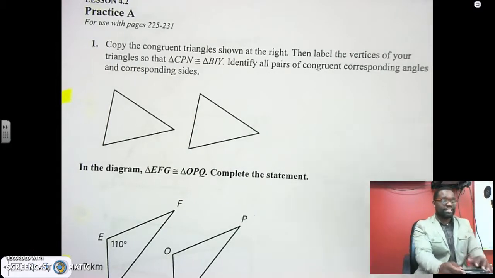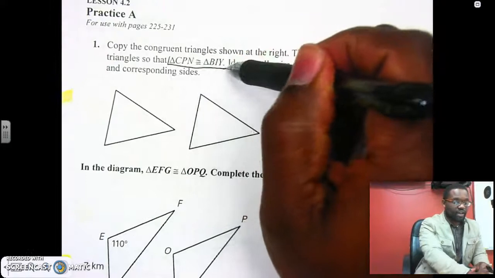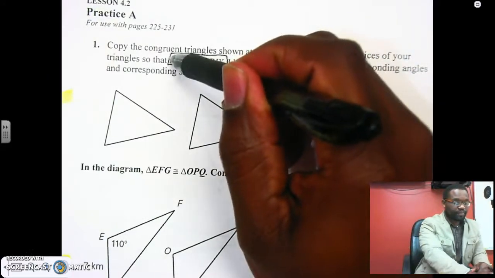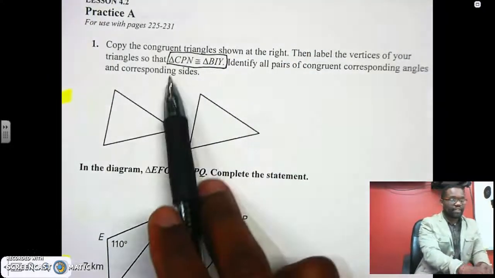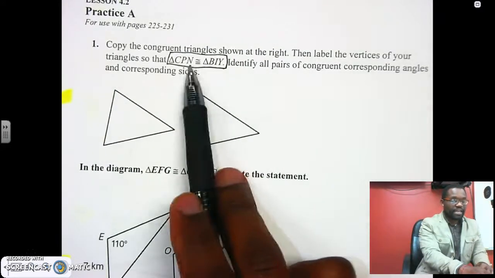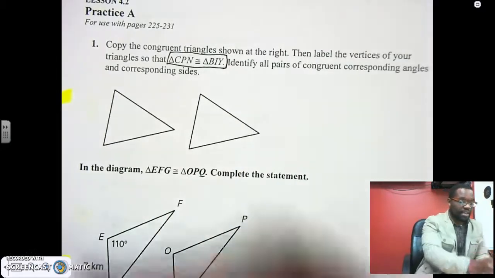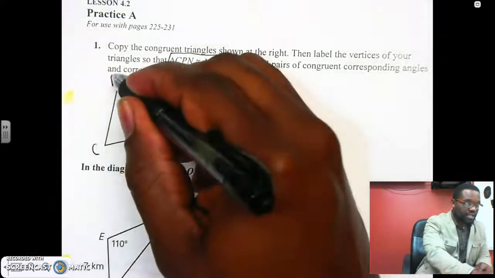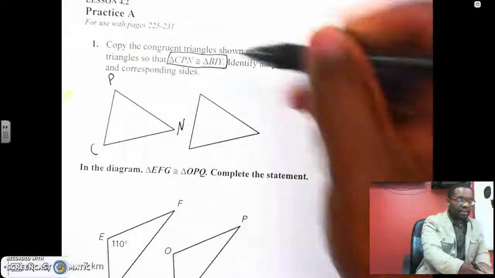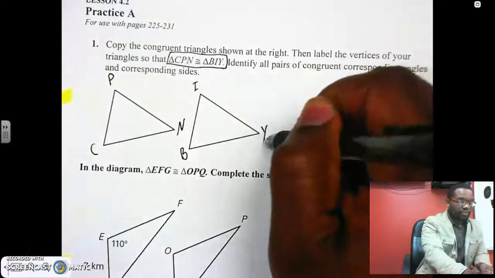Okay, so the idea is whenever you see a statement like this, this is called a congruent statement. And so what this says is that this vertex C corresponds with B, I, and P, and N and Y. And so whenever I make this triangle name, if I call this C, P, N, then I also have to do B, I, Y for those three.